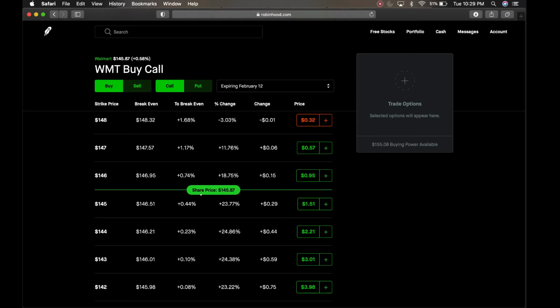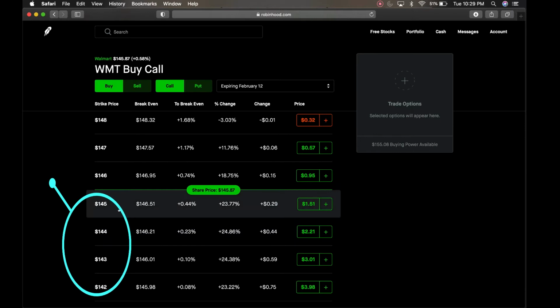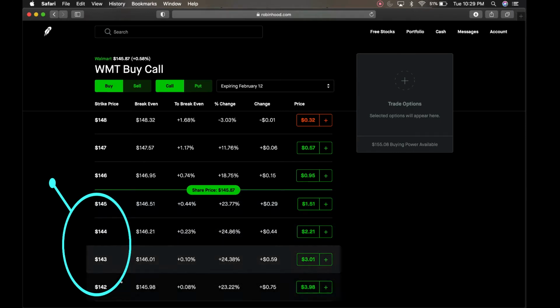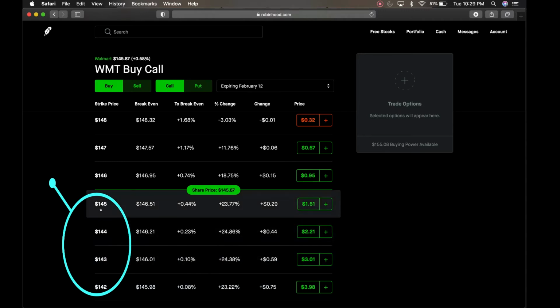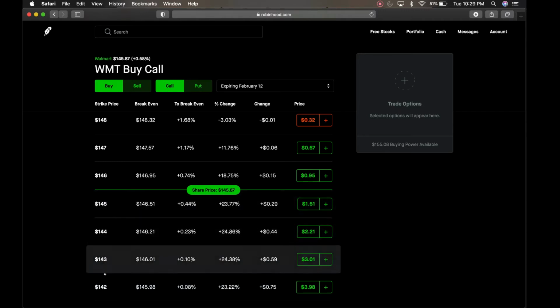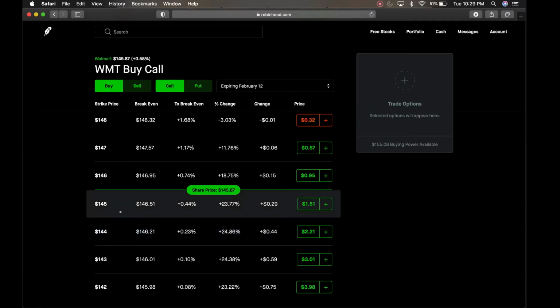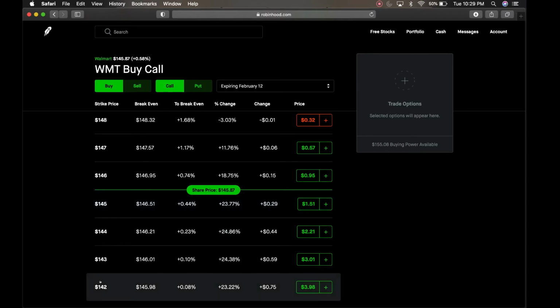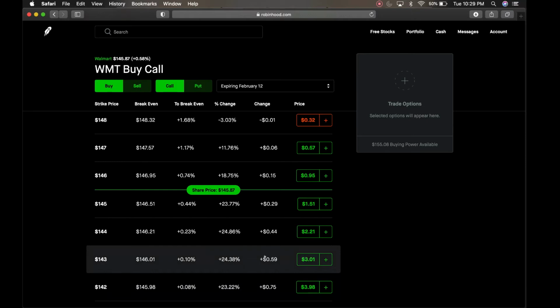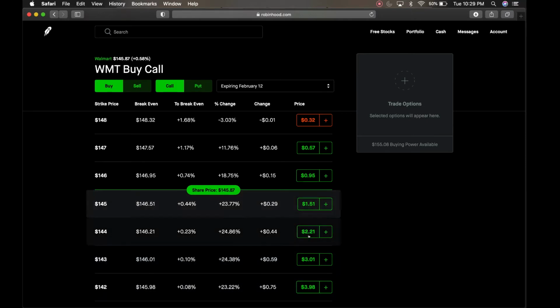Anything below this, 145, 144, 143, 142, the stock has already hit this price. So that's called in the money, because you already know that it's most likely going to be around this price, and it's not really a guessing game to see if it's going to hit this number because it already hit it. So that means it's a little bit more expensive to buy these because they're already in the money and they've already hit that number.